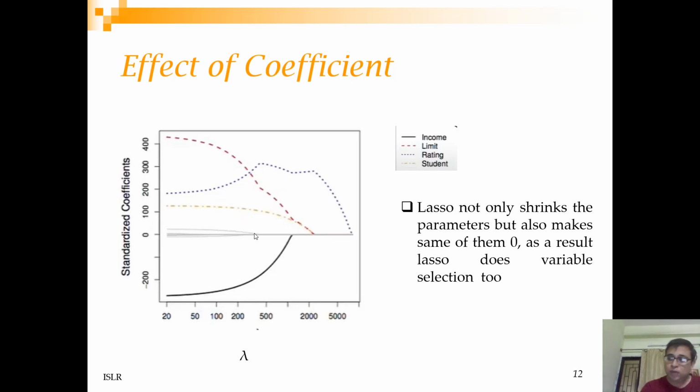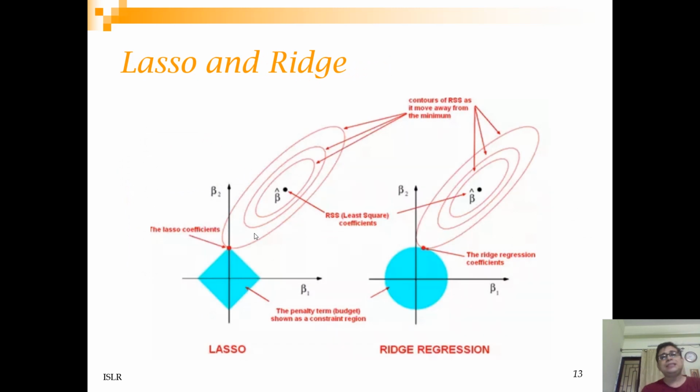Okay. So now let's try to understand at a very high level why Lasso can remove some variables and Ridge cannot. Don't worry too much about this graph. This may look complicated. So essentially you assume you have two features, and beta 1 and beta 2 are your coefficients.